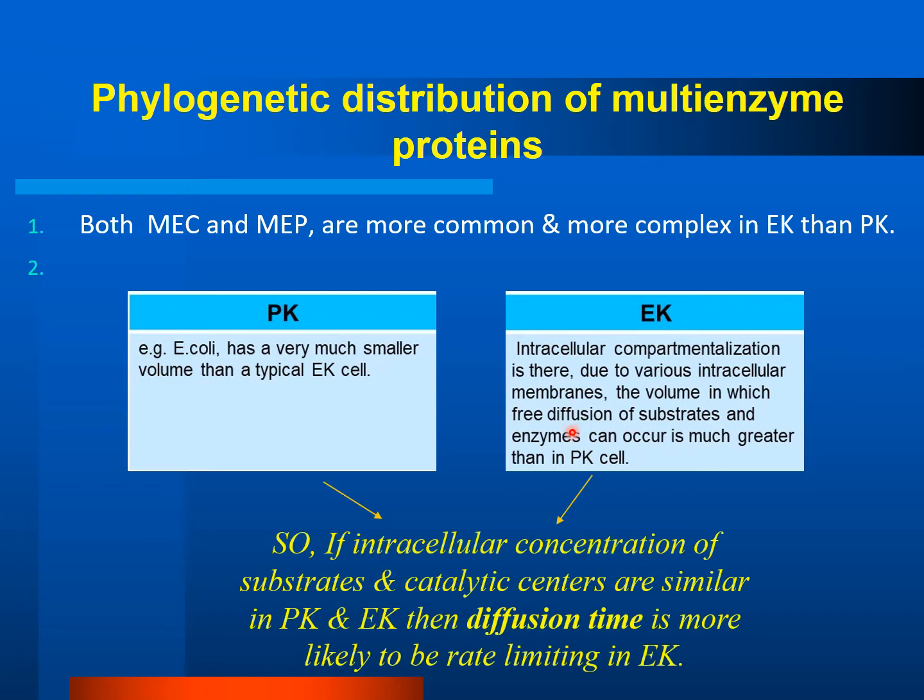As a result, if the intracellular concentration of substrates and catalytic centers are similar, now if you compare a prokaryotic cell and a eukaryotic cell, with a particular concentration of substrates and catalytic centers, then the diffusion time is more likely to be rate limiting in eukaryotes.